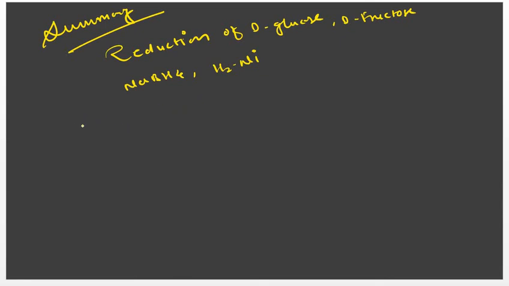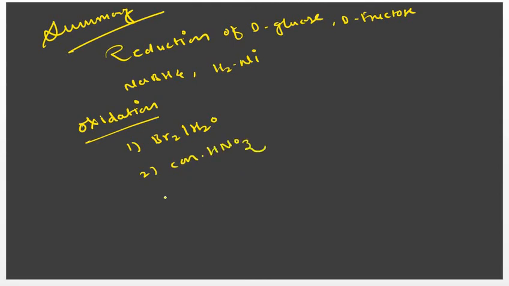Again we have seen the oxidation reactions of D-glucose and D-fructose. So three reagents were used: bromine water as a mild oxidizing agent, then concentrated nitric acid, and third was HIO4, that is periodic acid. So by using these three oxidizing agents, we have done the oxidation of D-glucose and D-fructose.